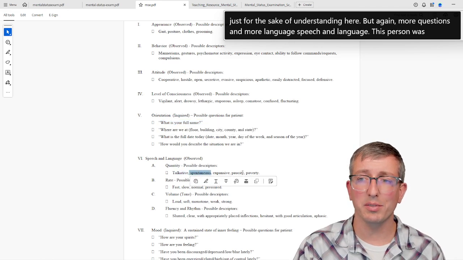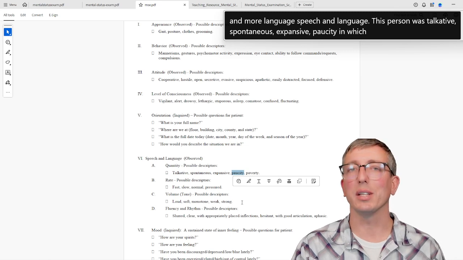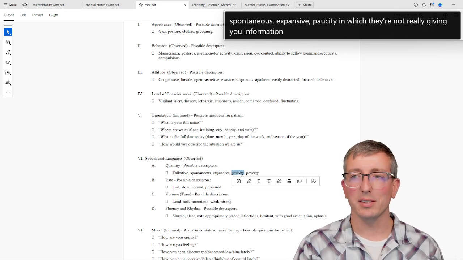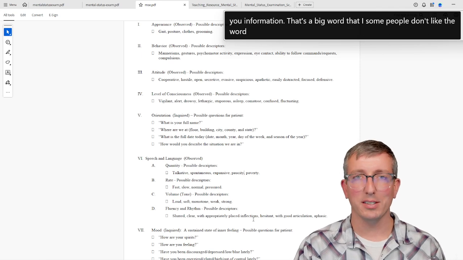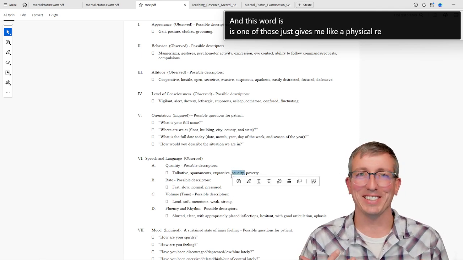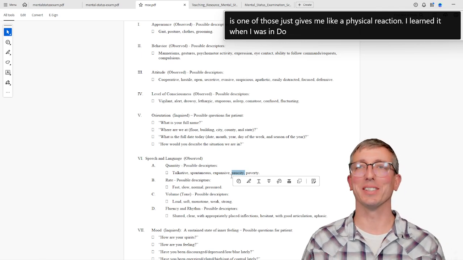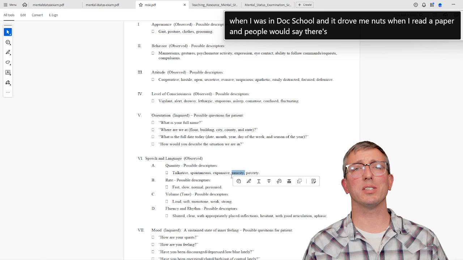This person was talkative, spontaneous, expansive, or showed paucity, in which they're not really giving you information. That's a big word, and some people don't like the word moist; this word is one of those that gives me a physical reaction. I learned it in doc school, and it drove me nuts when I'd read a paper and people would say, there's a paucity of evidence.